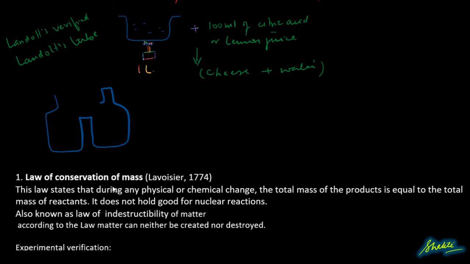Let me draw the tube first. This sort of tube where the two tubes are interconnected, and in the first tube we will put a solution of AgNO3, and in the second tube we'll put a solution of NaCl.